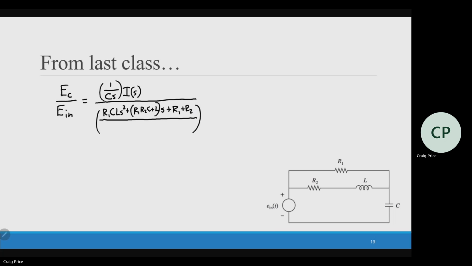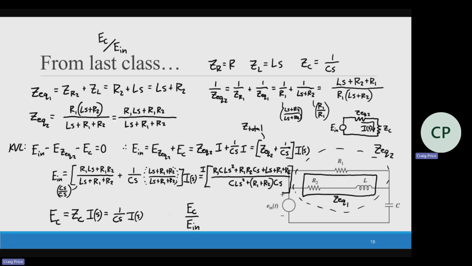And then I multiplied CS to all of this, but I think it actually makes more sense if I keep it separately, and I'll show you why.